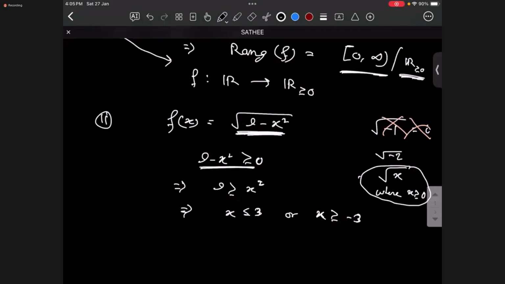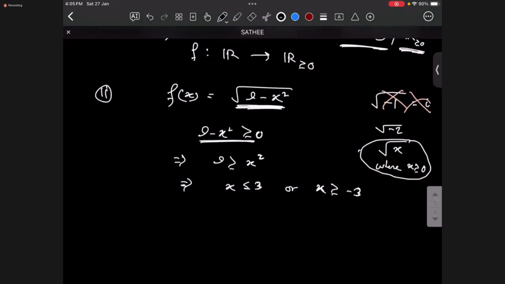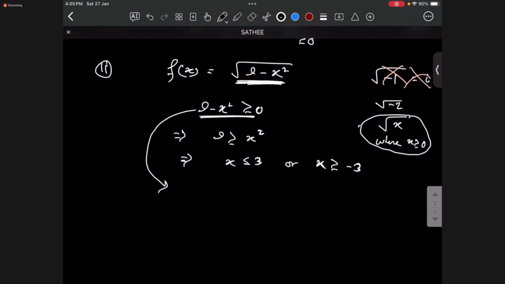Yeah. So either x less than or equal to 3 and greater than or equal to -3. Or else we can do it in a different way, like we can break it: 9 minus x square greater than or equal to 0. This implies 3 minus x and 3 plus x, both greater than or equal to 0.